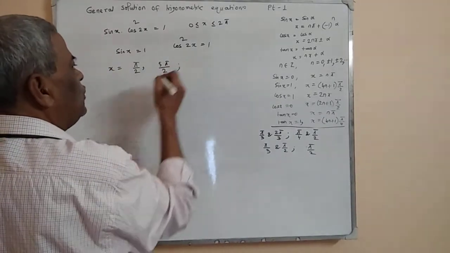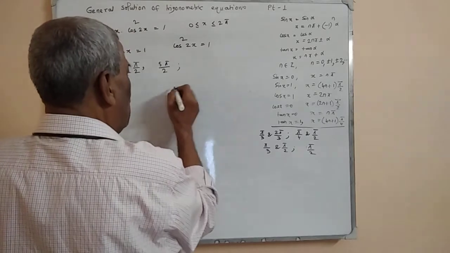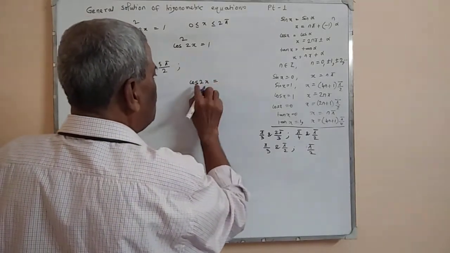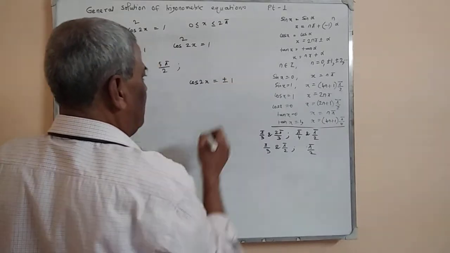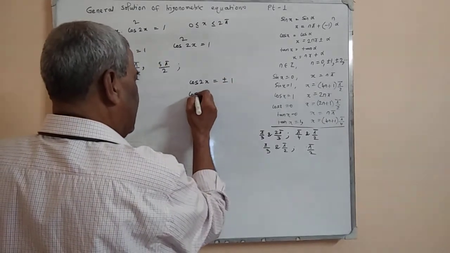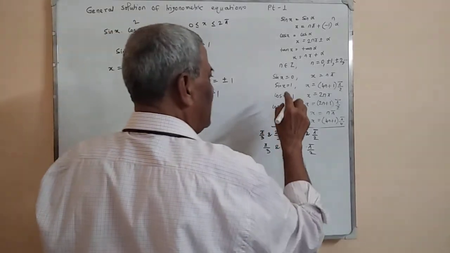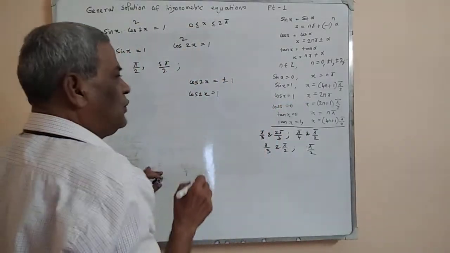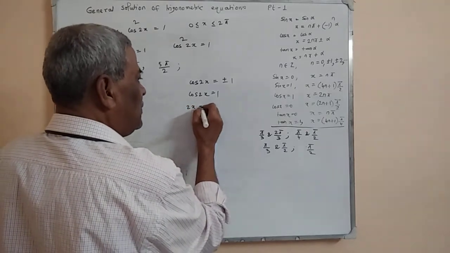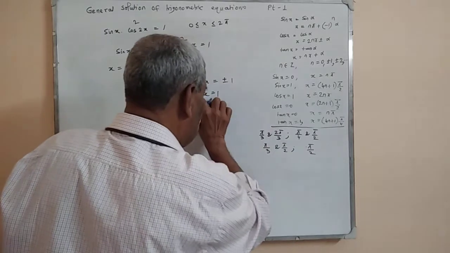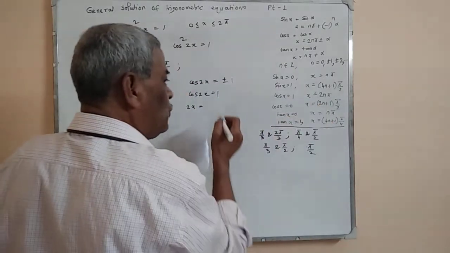Then we can get another result also. Number 2, if cos square 2x is equal to 1, cos 2x is plus minus 1. If cos 2x is equal to 1, then 2x is equal to 2n pi.